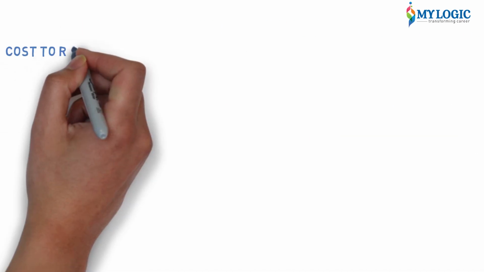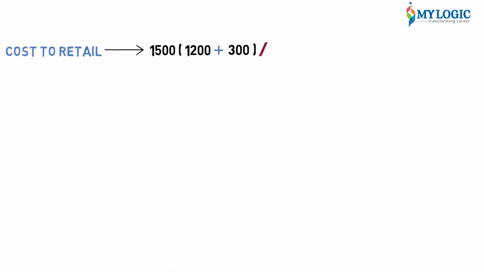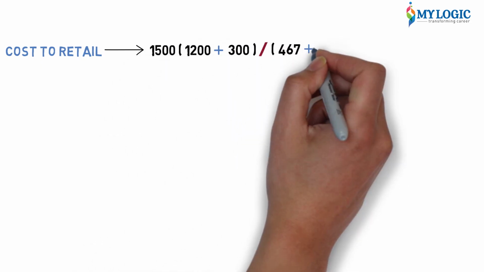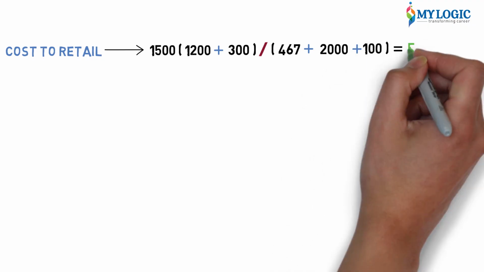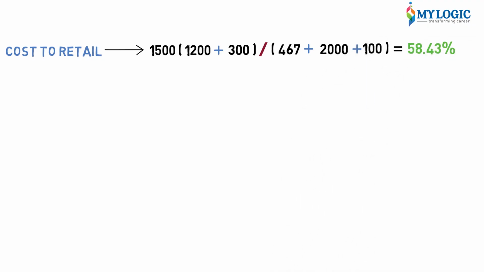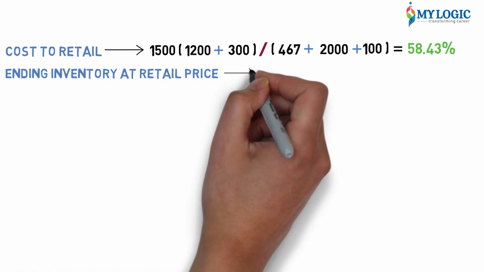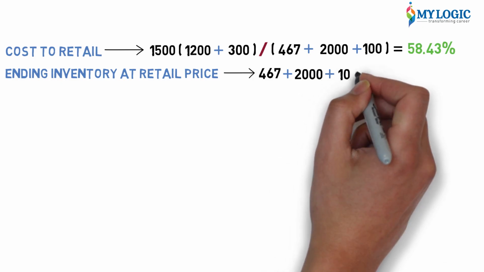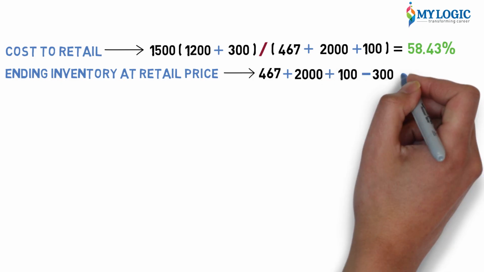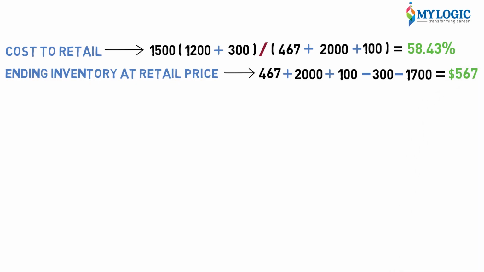Cost to retail is equal to 1,500 divided by 467 plus 2,000 plus 100, which is 58.43%. Ending inventory at retail price is equal to 467 plus 2,000 plus 100 minus 300 minus 1,700, which is $567.